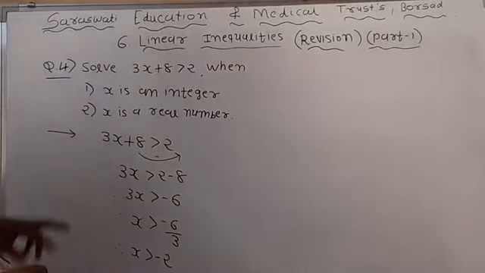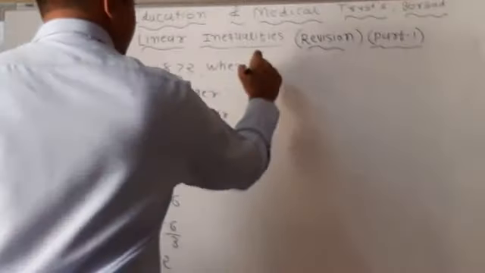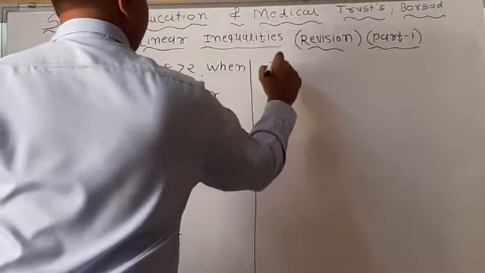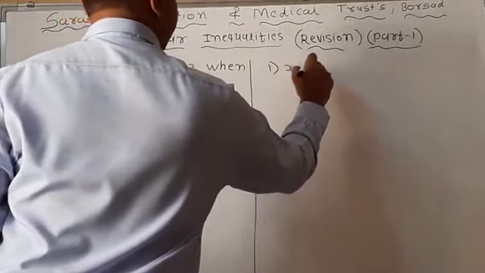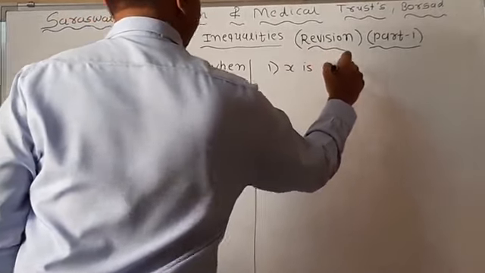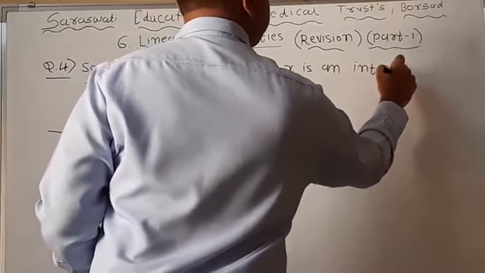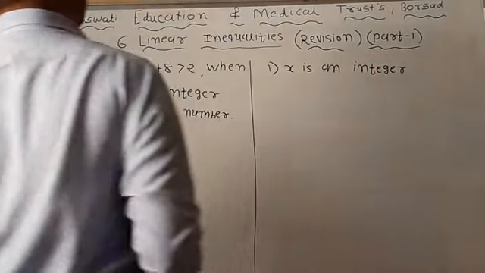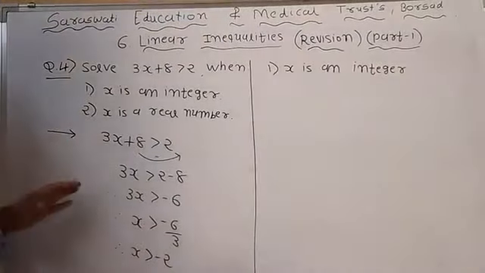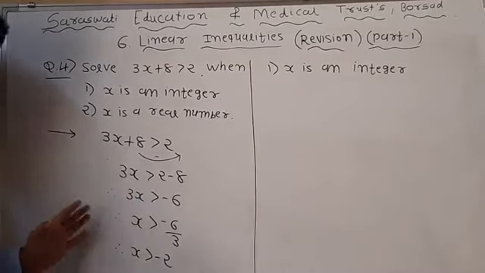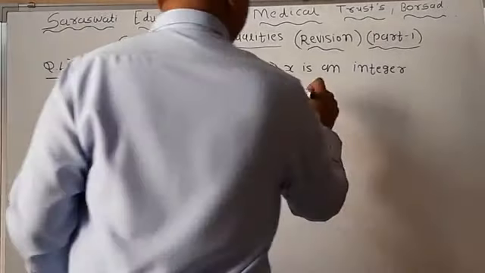Now again the first condition is present: x is an integer. So again the integer form is present. Integer means Z. We can understand it on a number line.